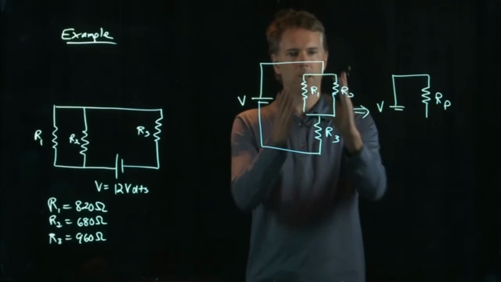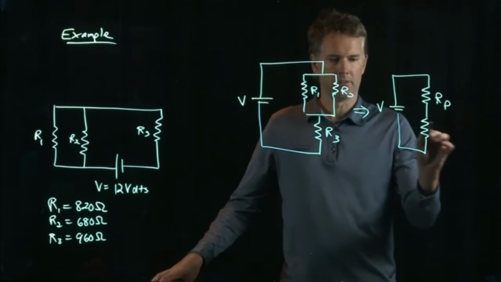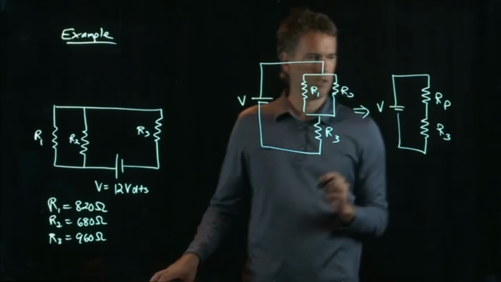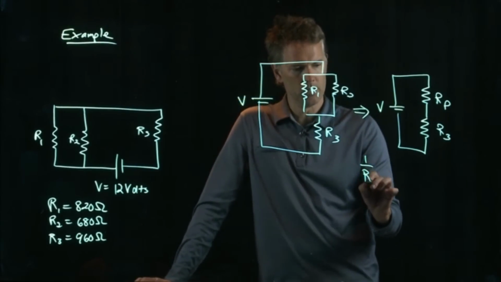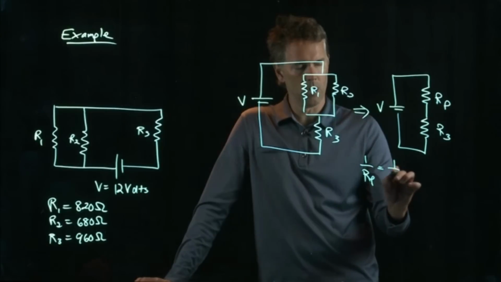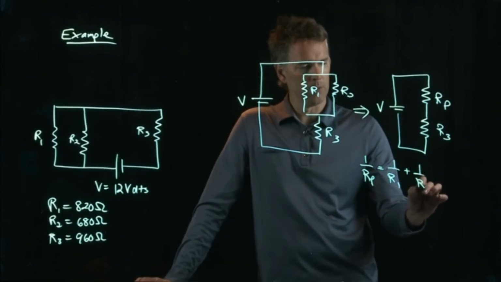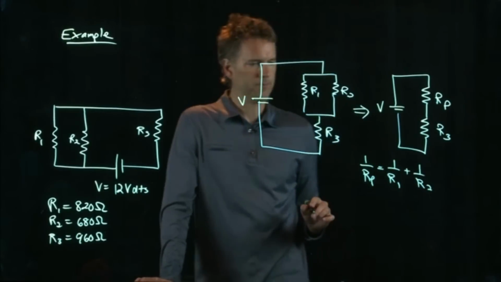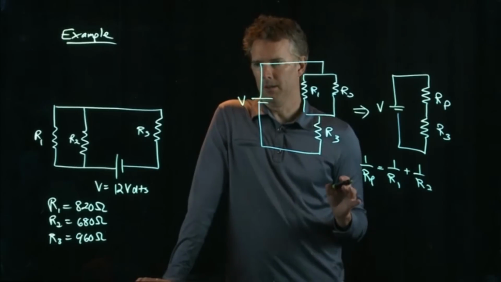So we rewrite the parallel resistors as Rp. We still have R3 hanging down there. And we know what Rp is. 1 over Rp equals 1 over R1 plus 1 over R2. And now at this point you could calculate Rp, right?